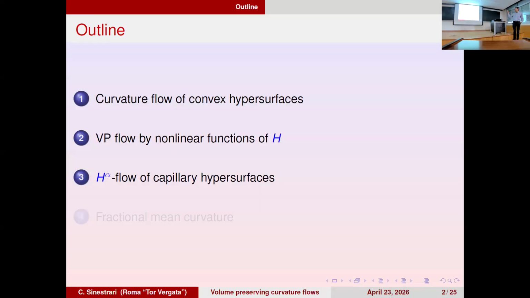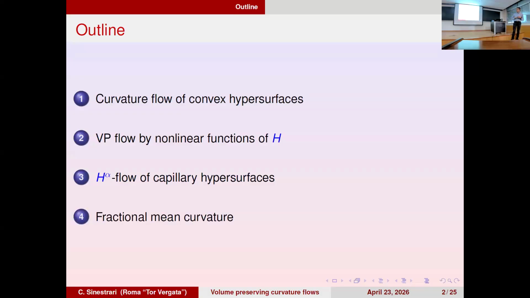I will discuss the volume preserving flow where the speed is a general monotone nonlinear function of the mean curvature. A typical example could be a power, but not necessarily power-like. Then, restricting to the power case, I will discuss a recent result on the convergence of capillary hypersurfaces, so hypersurfaces in a half space with the prescribed angle condition on the boundary.